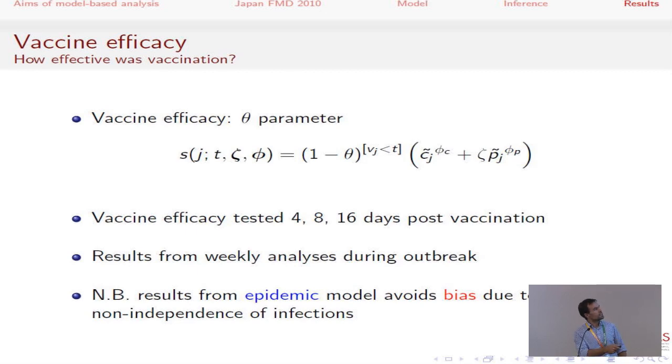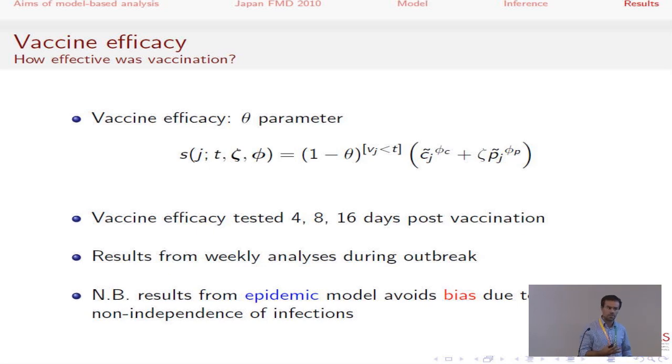So I'm now going to show you some results from the Japan outbreak, and what I've done is analyse this from the start, the first case notification, and I'm measuring the vaccine efficacy parameter. Now, there's a wrinkle to this, because, of course, once you vaccinate a farm, it's not immediately immune.